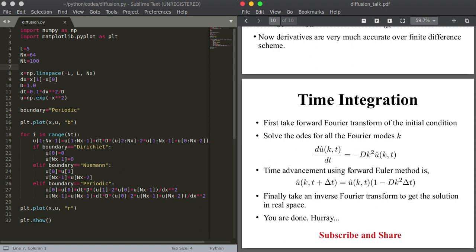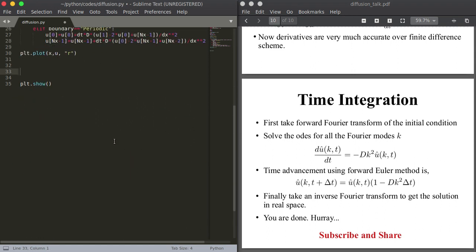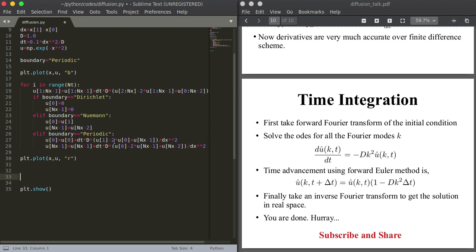Now let me implement it in my code. Just look at how I am writing it in the Fourier basis. Spectral means something very general, and I am using the Fourier basis, that is, sine and cosine or the exponential of plus or minus ikx basis.